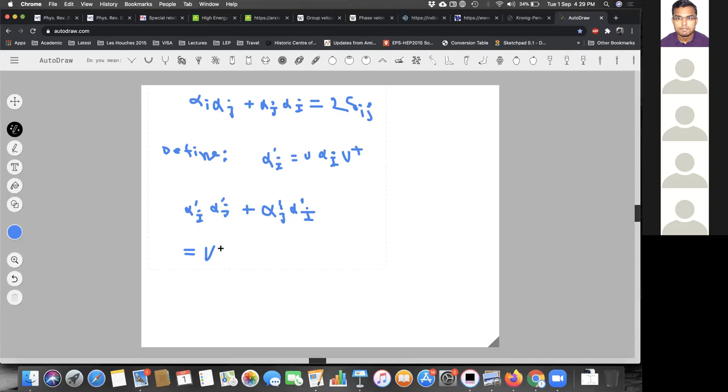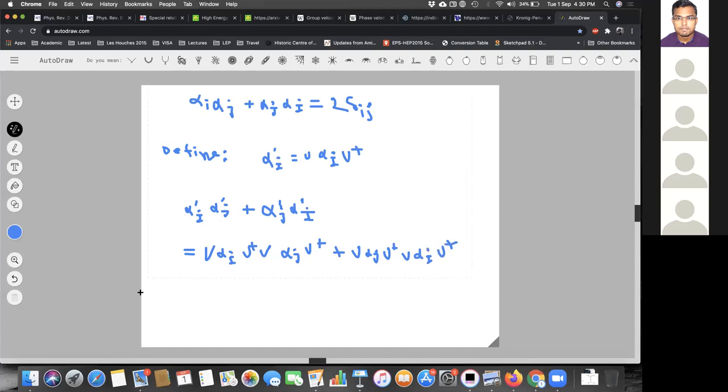So it will look something like this: U alpha i U dagger, another U alpha j U dagger, plus U alpha j U dagger U alpha i U dagger.